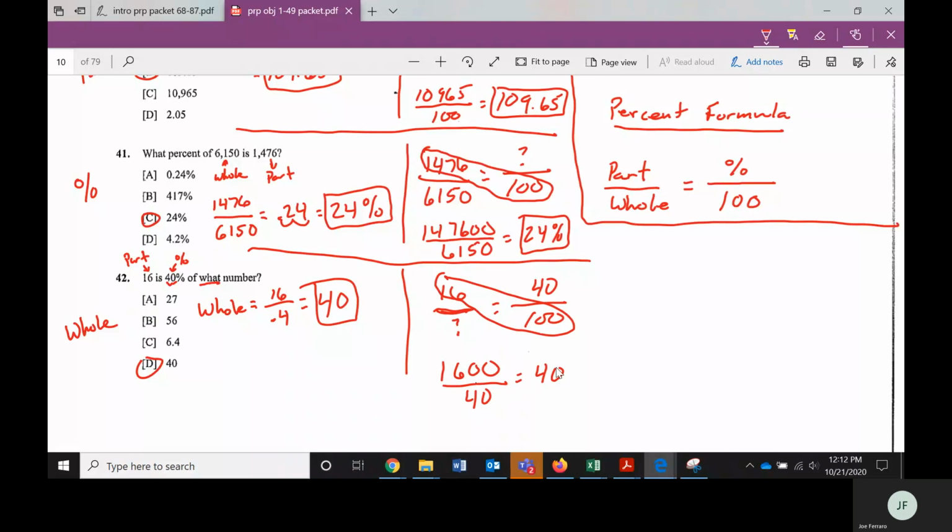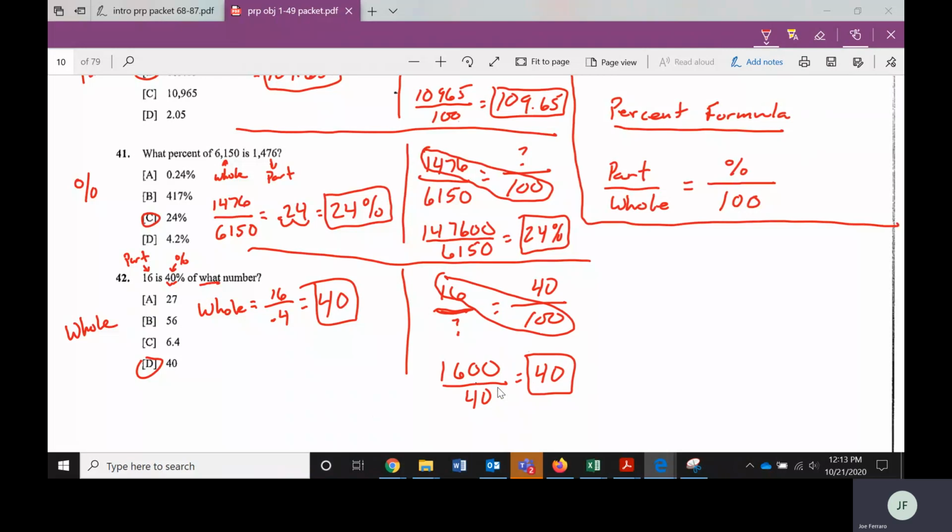Okay. And that equals, whoops, not 40%, just 40, because we're looking for the whole. Okay, so don't get confused that both the answer and the percent are 40. So that's the whole is 40 and the percent is 40.